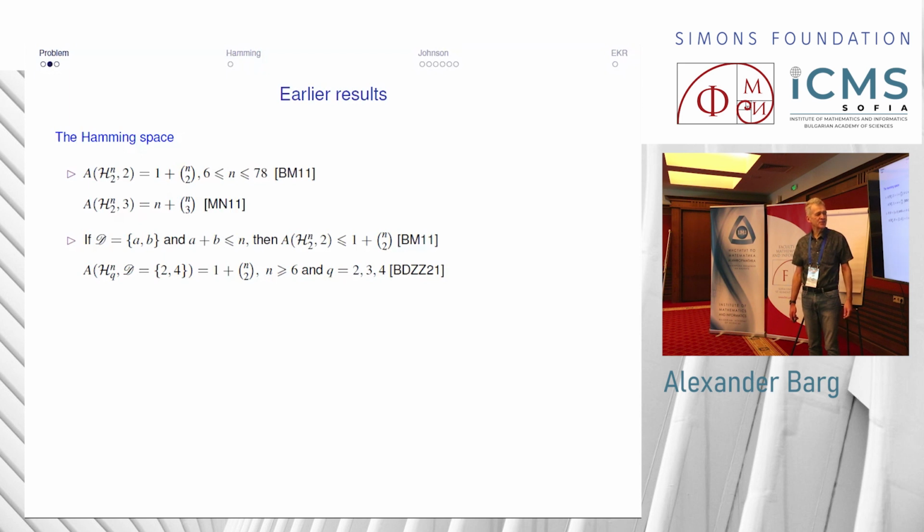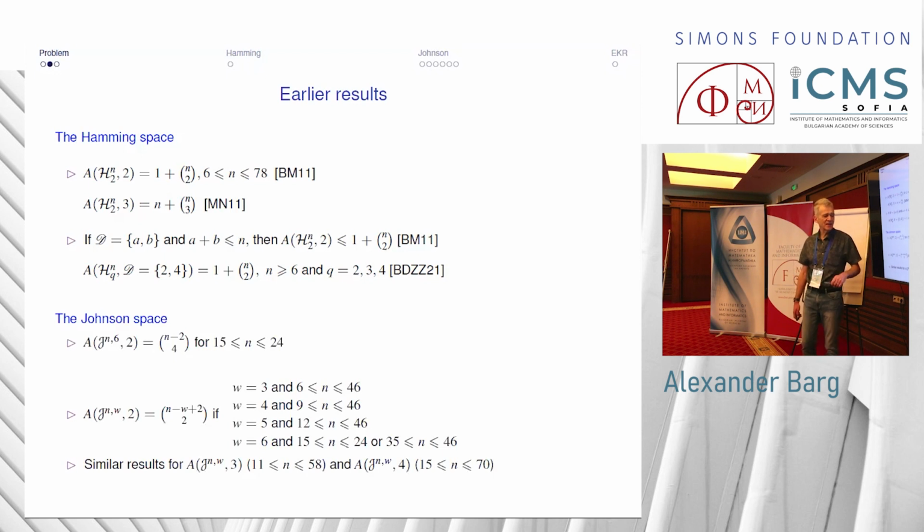There was a recent work by Peter Boyvalenkov and Konstantin Delchev and the Zinoviev pair. They showed that if the distances are specifically 2 and 4, but the alphabets can be 2, 3, or 4, then the maximum size is again that. And for the Johnson space, now with no attributions, because there would be many, some of these papers, 2 distances and the weight is 6, then the maximum size is n minus 2 choose 4 for those lengths.